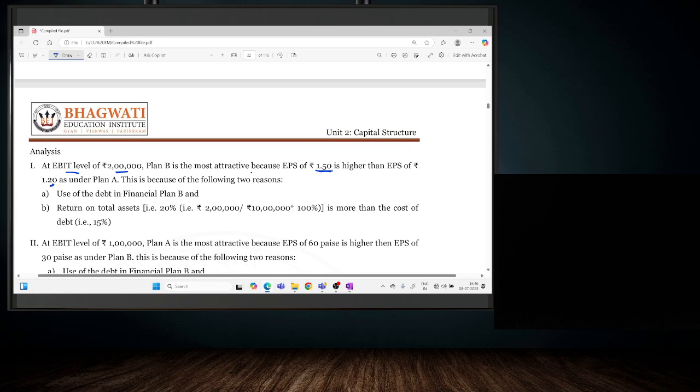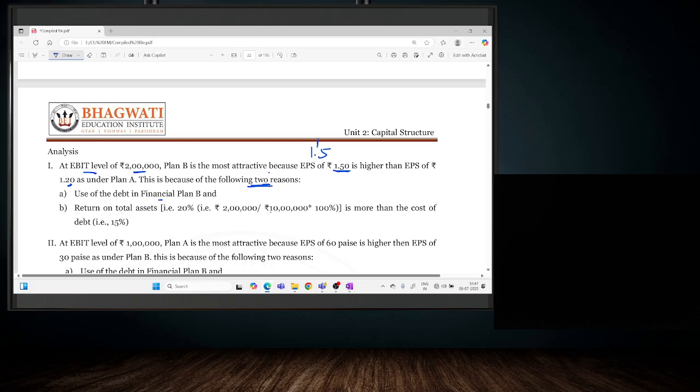Now listen, this is because of the following two reasons. Use of debt. Here we know that EPS is 1.5 in plan B and 1.2 in plan A. Now why is EPS under plan B greater than EPS under plan A? It is because of two reasons.